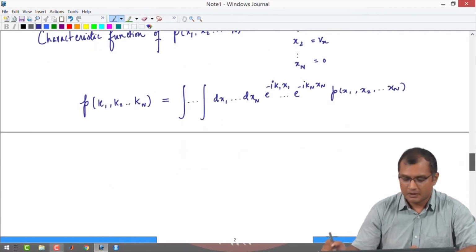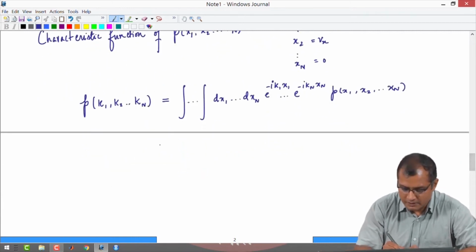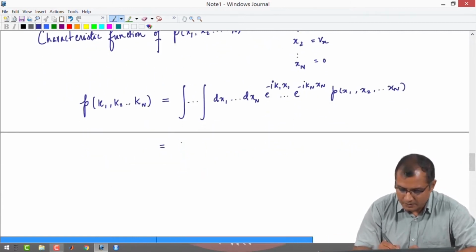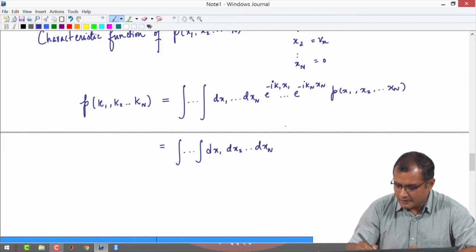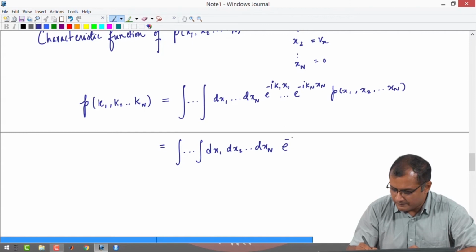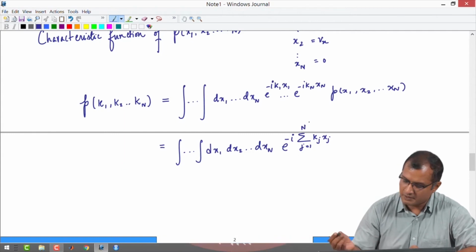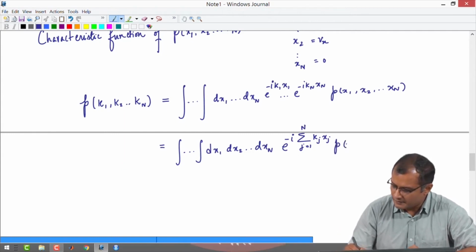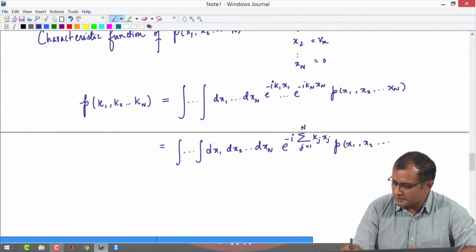And this will reduce to the integral of this exponential, where j runs from 1 to n, times p of x1, x2 all the way to xn.